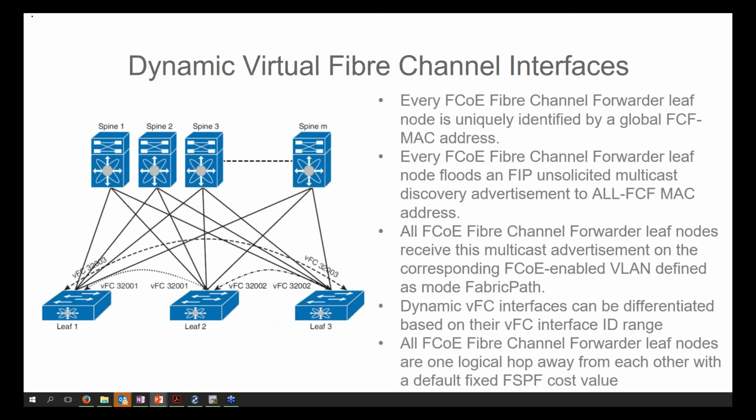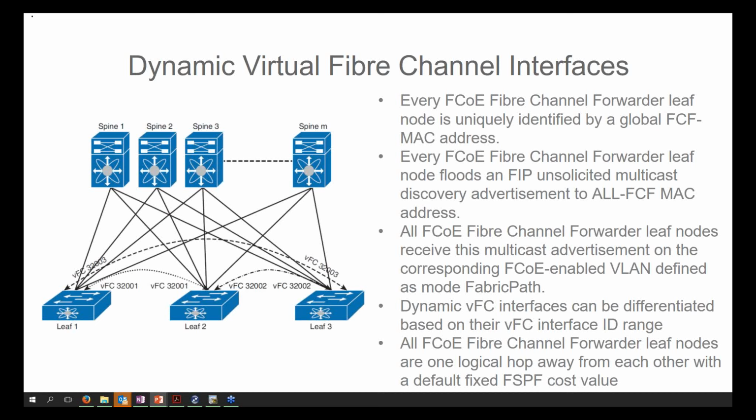Dynamic virtual Fibre Channel interfaces. Every FCoE Fibre Channel Forwarder leaf node is uniquely identified by a global Fibre Channel Forwarder MAC address. Every FCoE Fibre Channel Forwarder leaf node floods an FIP unsolicited multicast discovery advertisement to the All-FCF-MACs address. All Fibre Channel Forwarder leaf nodes receive the multicast advertisement on the corresponding VLANs and determine the multipath mode upon receiving it.